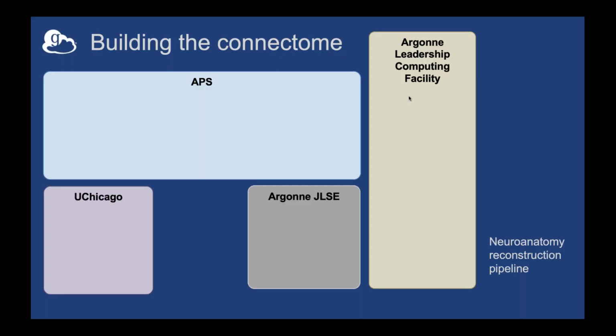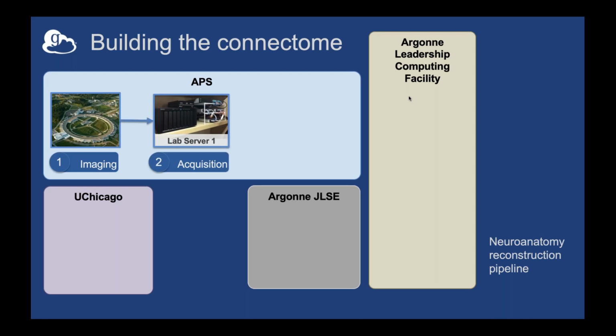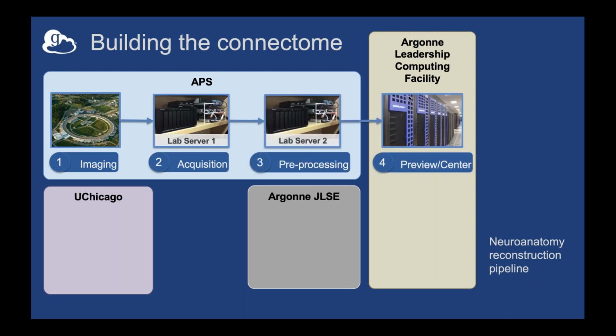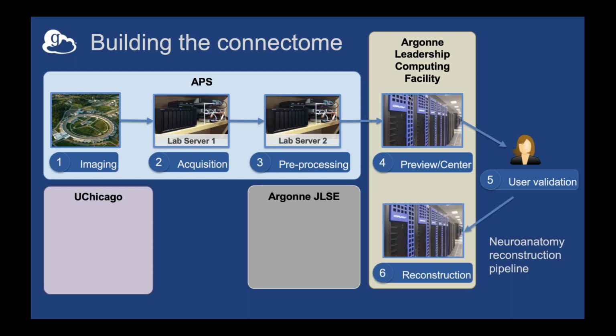So here's the sort of infrastructure that they are operating. The Advanced Photon Source is imaging the data, acquiring it, performing pre-processing. It's being previewed, and there's some basic centering going on at the Leadership Computing Facility. A user has to validate that the centering is being performed correctly. Then the reconstruction proceeds using a reconstruction pipeline.